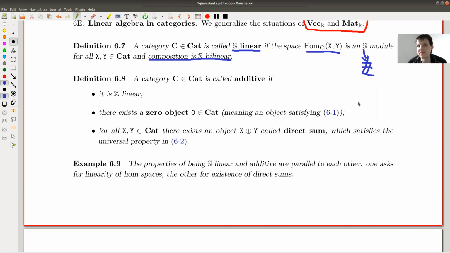I could just do the same definition over any ring, any field, whatever you want. The definition is very simple. Basically, this means you can add morphisms. And composition being bilinear is a coherence condition for the two operations that you have now, addition and composition.